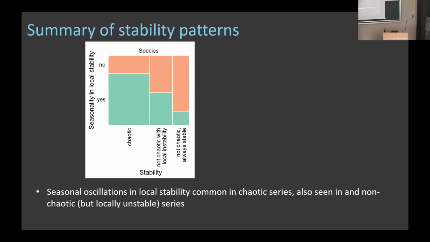Three quarters of the time, they're not. The vertical axis here is, within each of these categories, how often do things exhibit seasonal fluctuations in stability. So when things classify as chaotic, about, I don't know, two thirds, three quarters of the time, we have this annual cycle of stability, and it's less in these other categories.